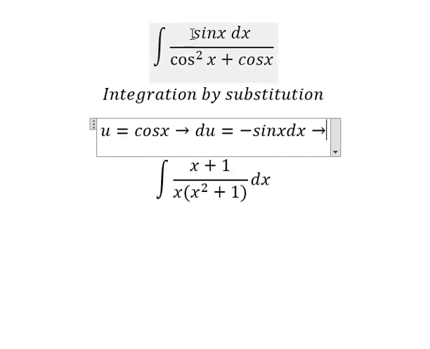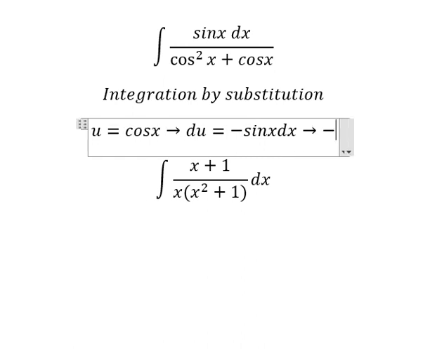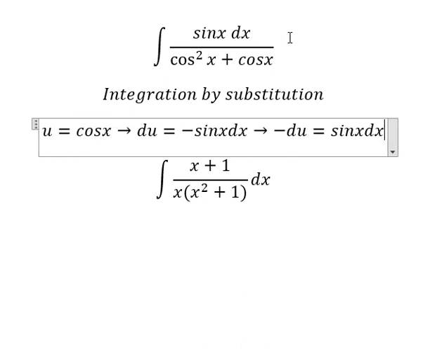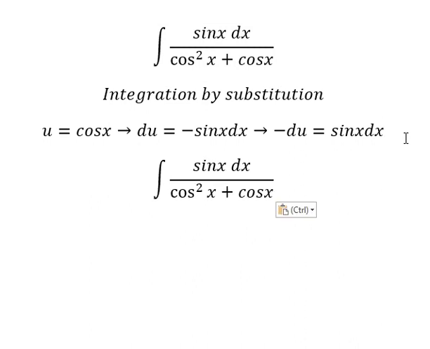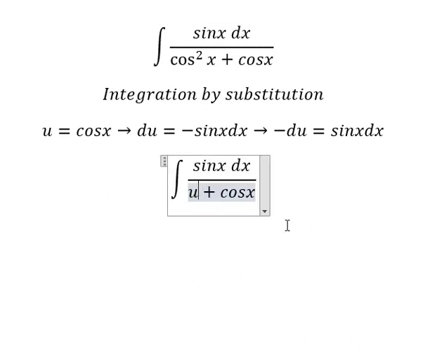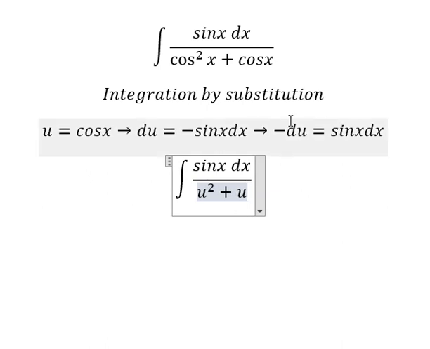Because we don't have the negative sign here, I will move this one to the left. So this one we change for u, and sin x dx we change for negative du.